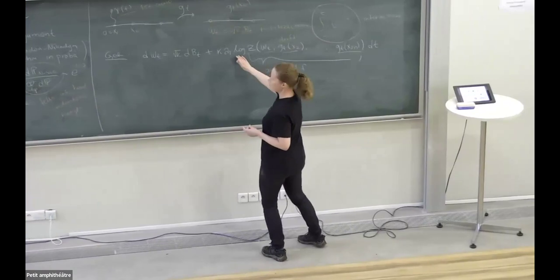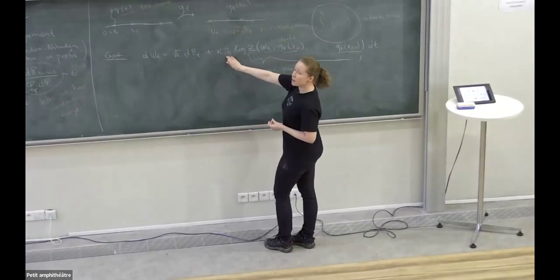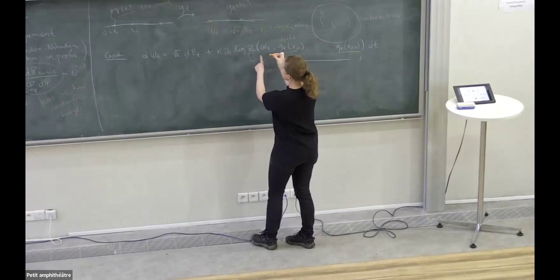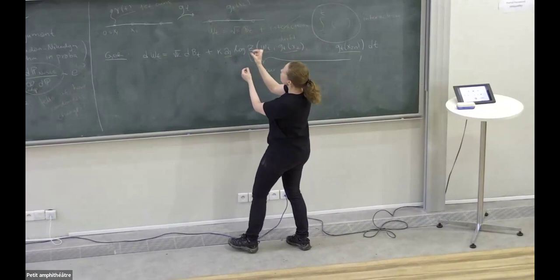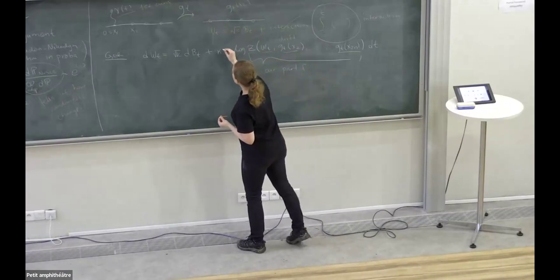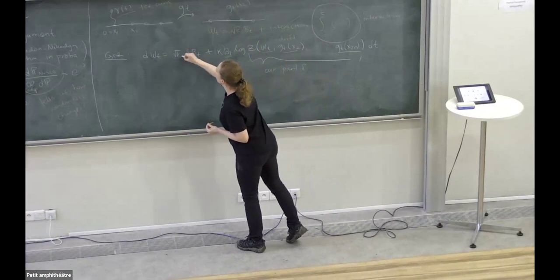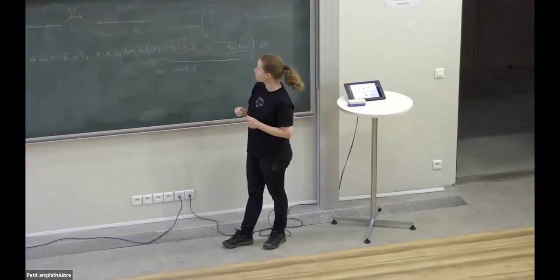So that's why log. I don't know if it helps. And so this partial is the derivative with respect to this variable. It's somehow telling me how much the interaction changes when I evolve here. And the kappa is the strength again, right?